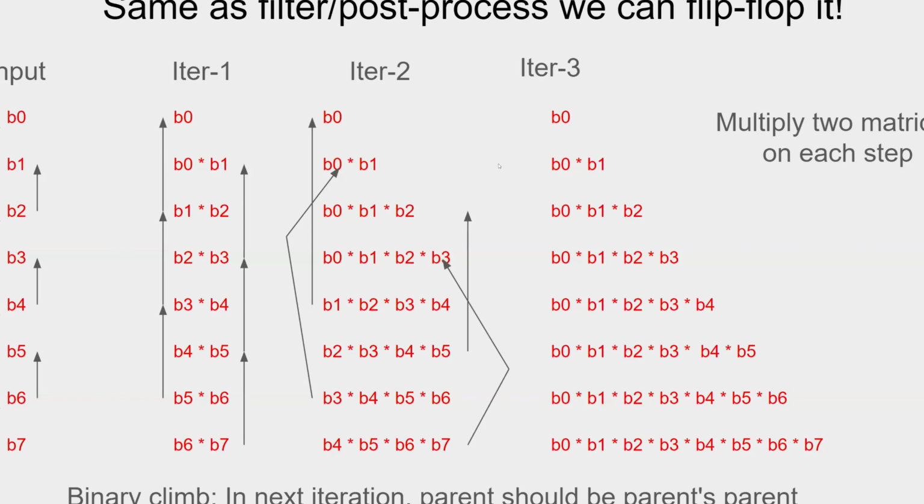That way, if we multiply two matrices on each step, after 3 steps we already have everything for 8 bones. And the maximum depth in our current game models is about 13. So 4 iterations, and it can be done without a problem.